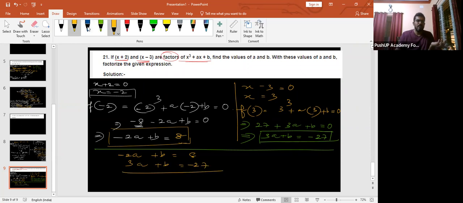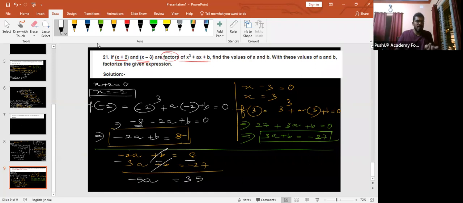And how can we solve these two equations? That is way easier because you just need to subtract both the equations. In both the equations, we are having positive b, positive b. How can we eliminate them? Just by subtracting both of them, right? So -2a minus 3a will give me -5a, which is equal to 8 minus 27, which is 8 plus 27.